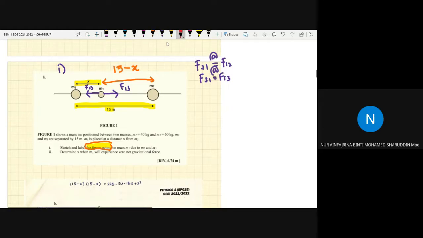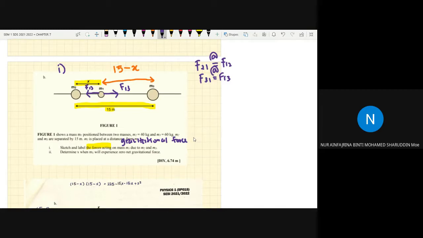Gravitational force. Very good. Dia ada gravitational force. Bila cakap pasal force ni, force yang ada adalah gravitational force. Okay, we're done with number 1.